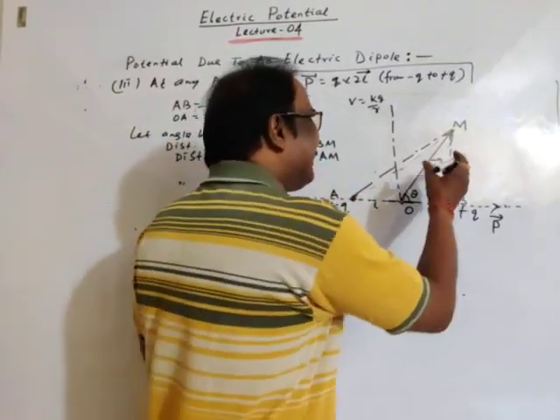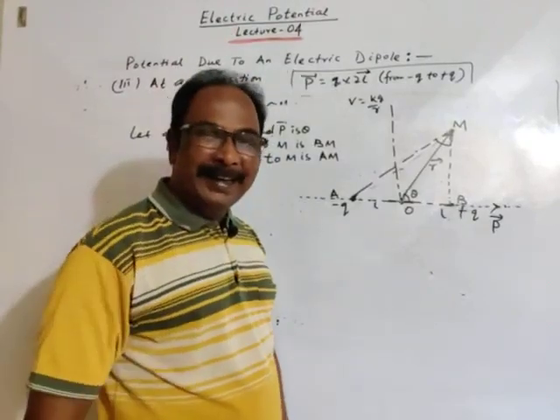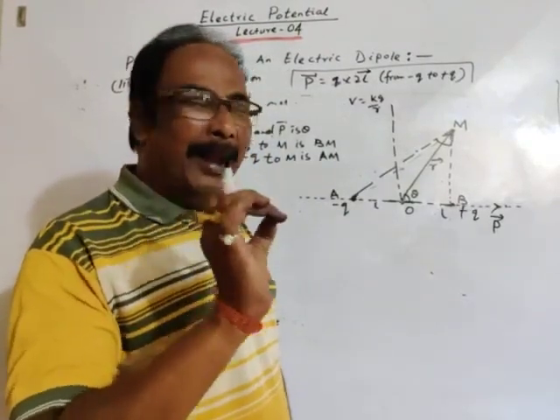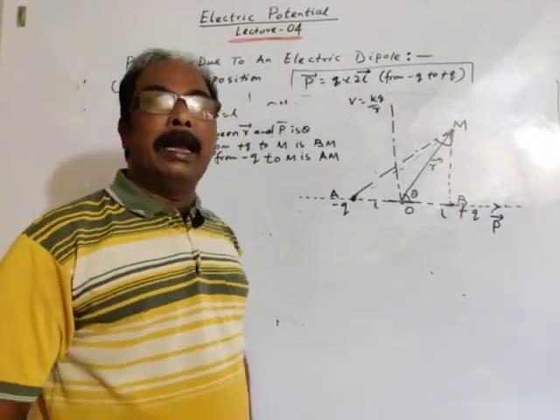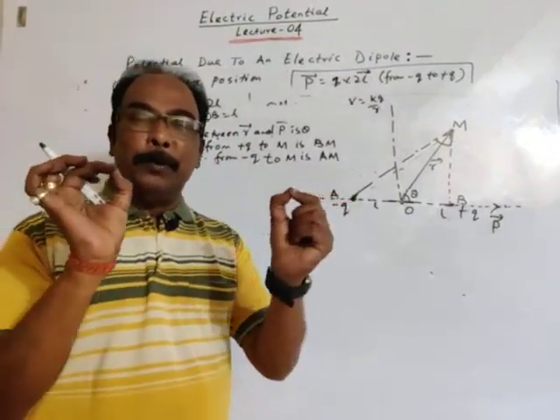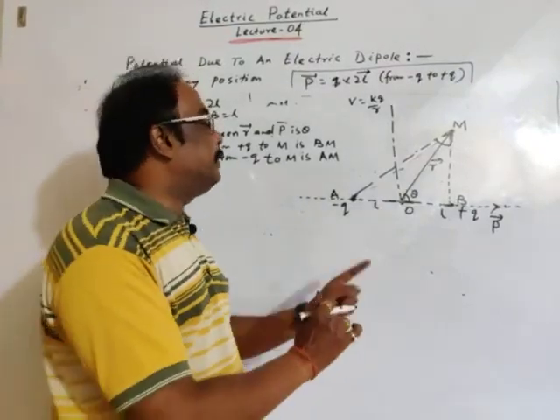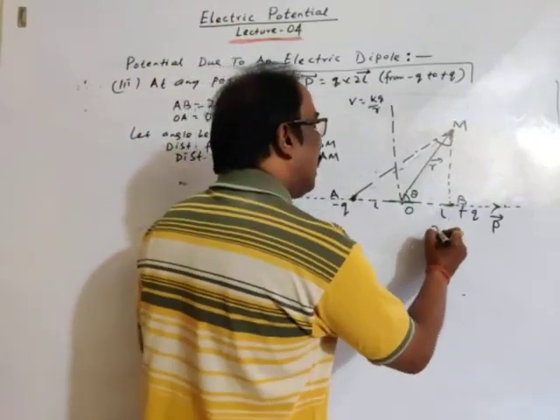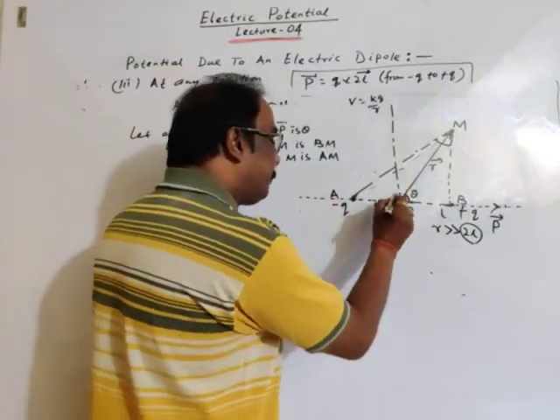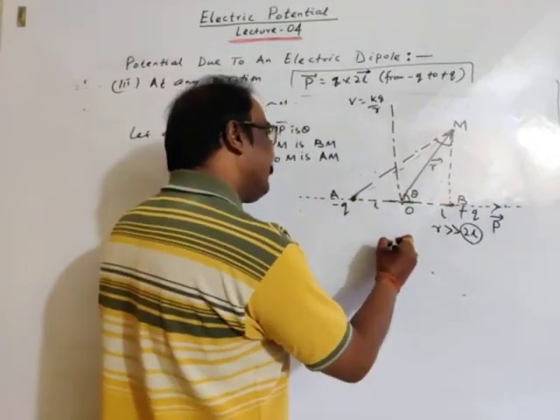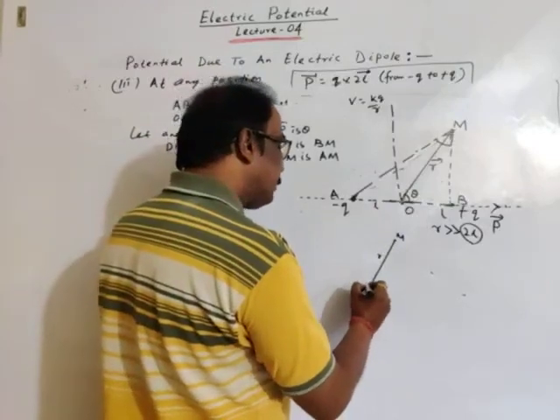So, now let's consider this angle is very small. Why very small? If we consider an ideal dipole, two equal and opposite charges in an ideal dipole are separated by a very small distance, meaning R is greater than 2L, meaning 2L is very small. If this happens, then this is point A, this is distance R, and this is the dipole.